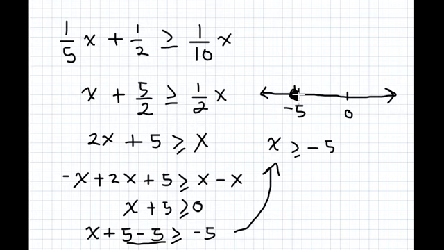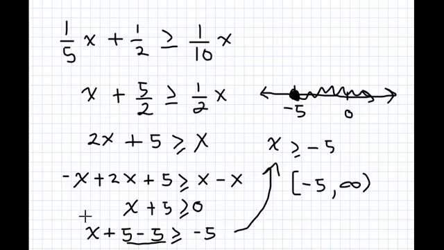X is greater than or equal to, so everything to the right of negative 5. I've been doing this in a different color, but hopefully you can see that. Now remember, we've got interval notation also that we can write this out as. So remember, we're including negative 5, so I put a square bracket here.